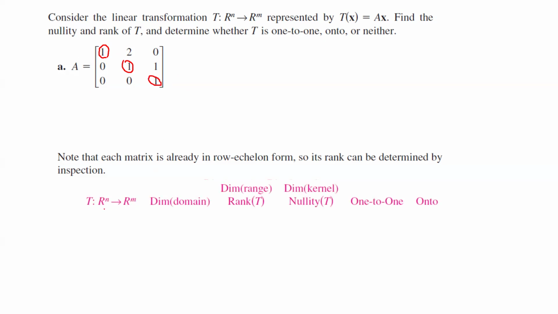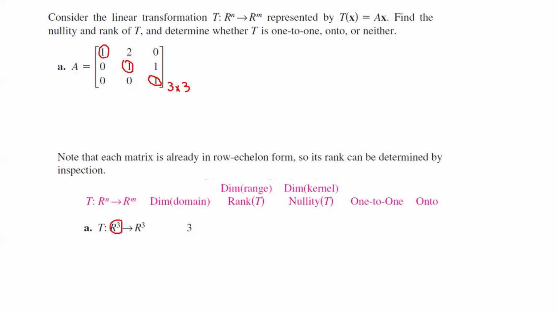You're going to list the linear transformation, the dimension of the domain, the dimension of the range or rank of T, the dimension of kernel or nullity of T. Is it one-to-one or is it onto? For the very first one, since it's a 3x3 matrix, it means that it maps the space to itself. So the dimension of the domain is equal to 3.